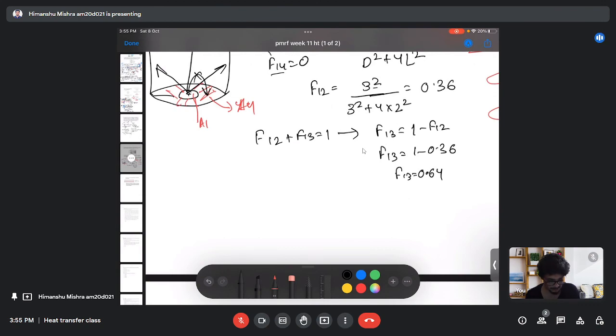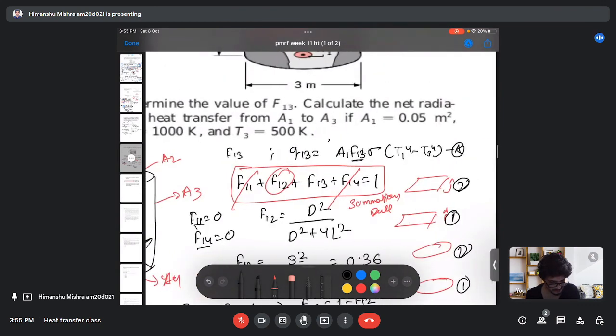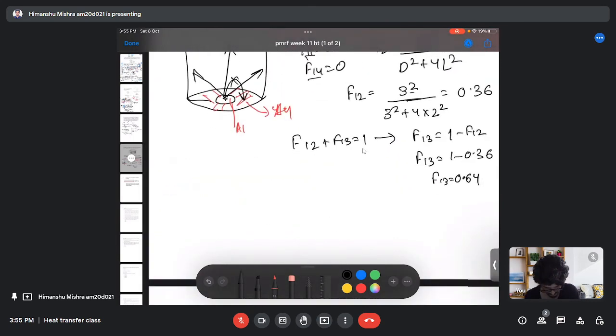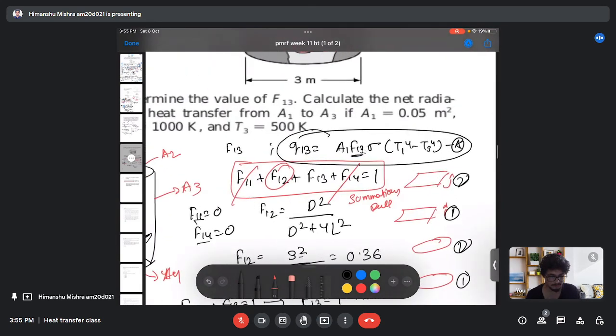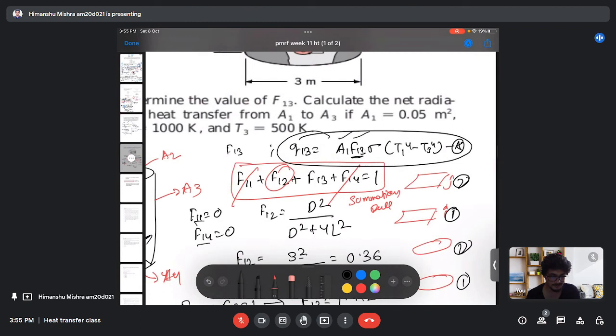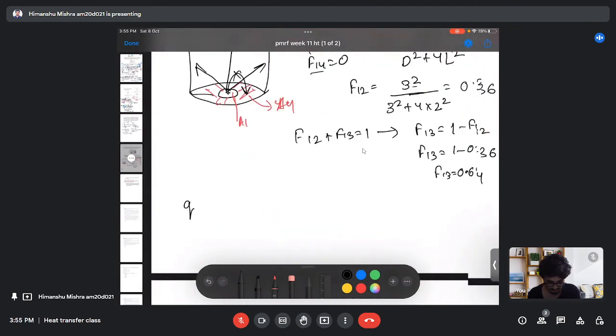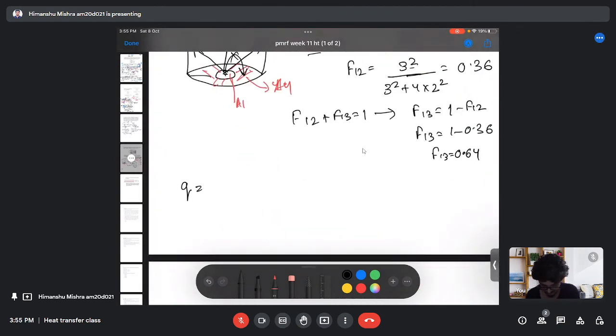So now I can use equation A to find the heat transfer. I just need to put in the values of area, view factor, and we already know the Boltzmann constant and the temperature. So just by putting the values here, we will get the heat transfer as 1700 watts.